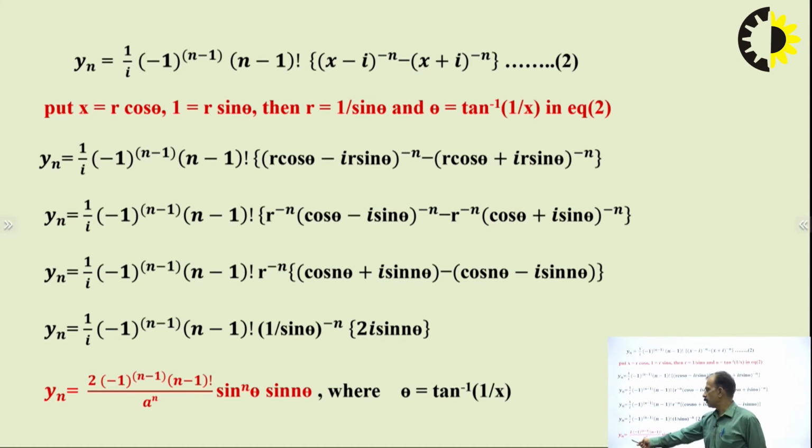That means the nth derivative of tan inverse 2x upon 1 minus x square will be 2 into minus 1 raised to the power n minus 1 factorial into sin raised to the power n theta into sin n theta, where theta equals tan inverse 1 upon x.